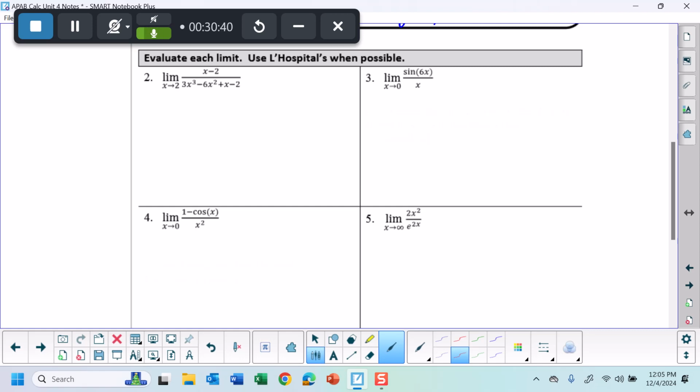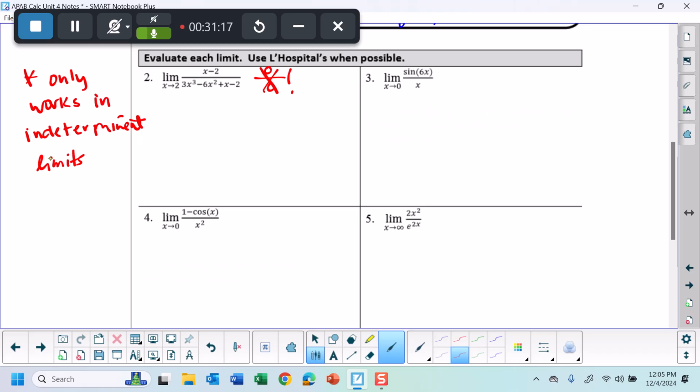If I'm plugging in 2 into this limit, 2 minus 2 is 0, 3 times 8 is 24, minus 6 times 4 is 24, plus 2 minus 2, I get another 0. The first thing you need to remember is that it only works in our indeterminate, I hope I spelled that right, limits.